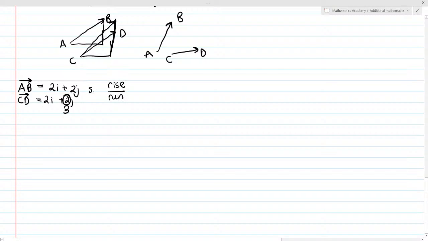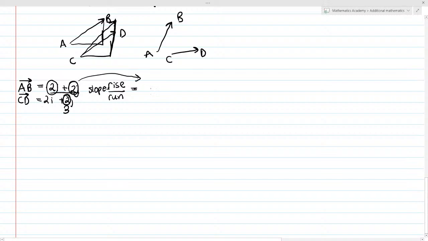This is what we're used to. Slope is equal to rise over run. In this case, the rise is exactly how much we go upwards, which the vector notation tells us.